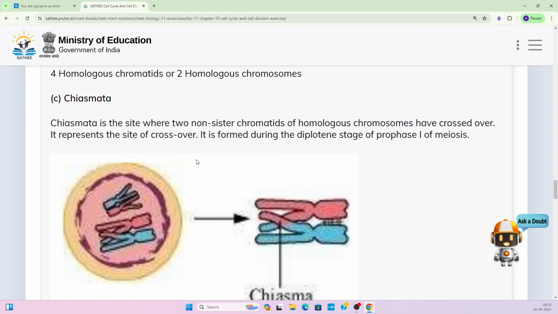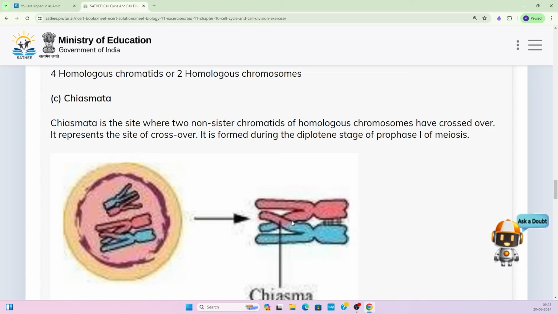Chiasmata. Chiasmata is the site where two non-sister chromatids of the homologous chromosomes have crossed over, right? Here the non-sister chromatids of the homologous chromosomes cross each other. Not only do they cross, but their segments can break, and you can see this one has a blue arm and a red arm.